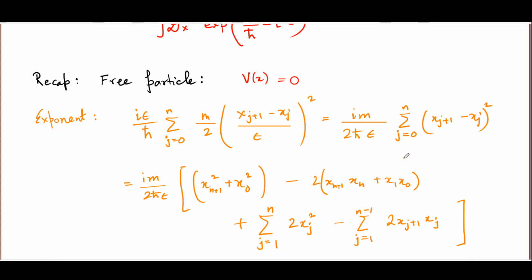Then you have terms which are quadratic in the integration variables. However, there are two terms which are linear in the integration variables. Those are the cross terms, the twice AB kind of terms that you get from the j equal to n and j equal to 0 terms, the two extreme ends. That gives you minus 2 times x_{n+1} x_n plus x1 x0.